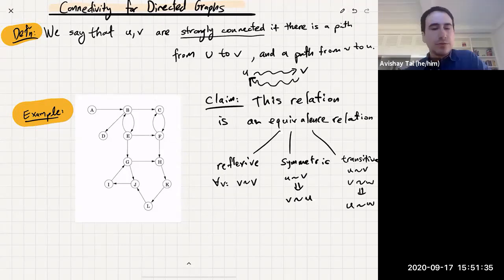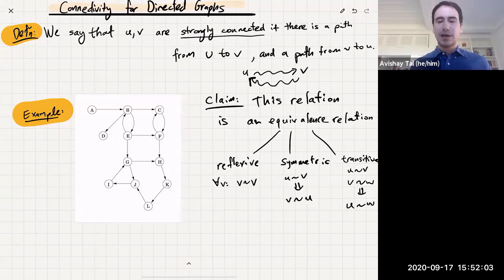And all these properties are very easy to check, right? There's a path from u to v and from v to u. Why is it transitive? Well, if there's a path from u to v and from v to w, then there's a path from u to w, and similarly, there's a path from w to u, because we assume that there are paths in both directions. So this was a lot of words just to say that this is an equivalence relation.